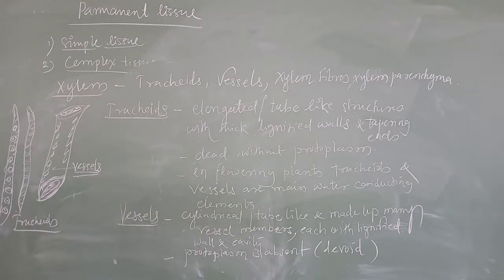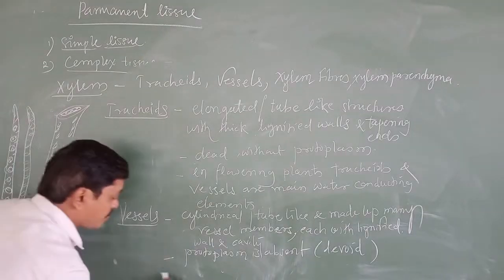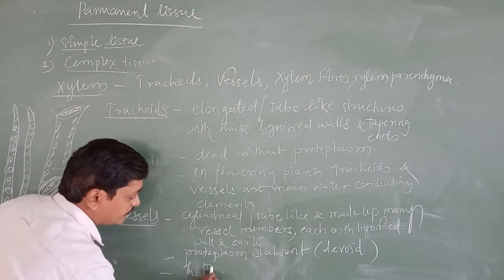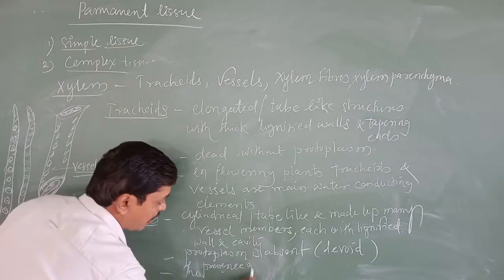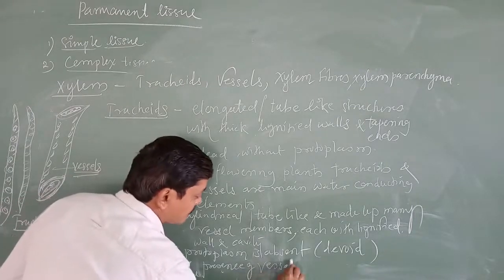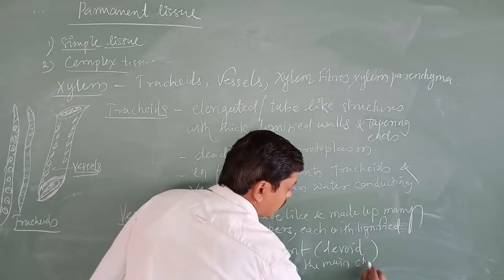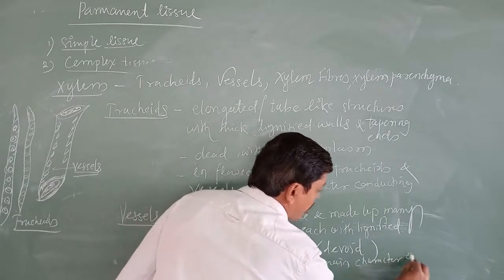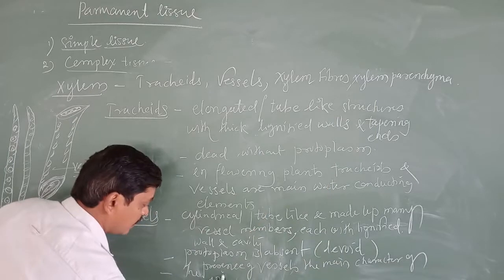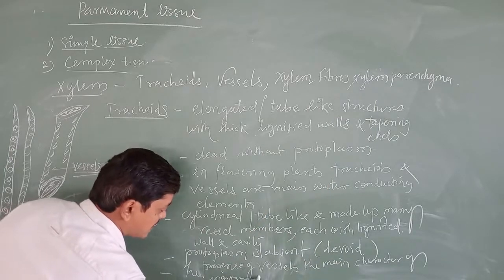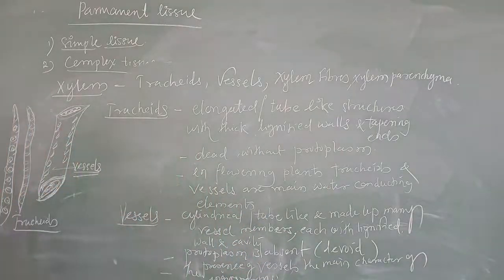Vessel members are interconnected through perforations in their walls. The presence of vessels is the main character of angiosperms, the flowering plants.